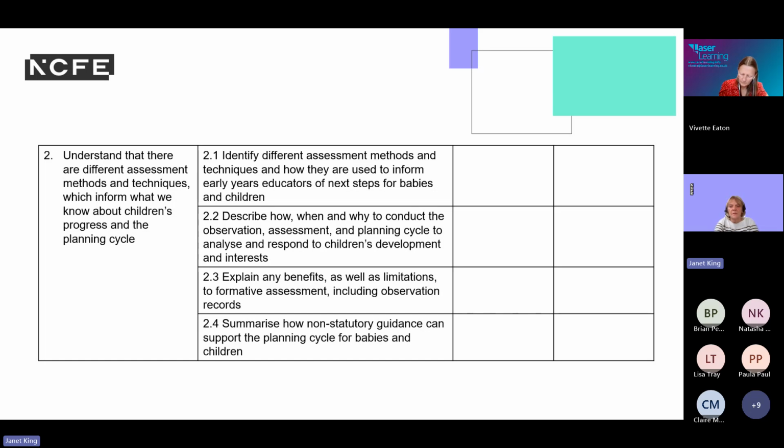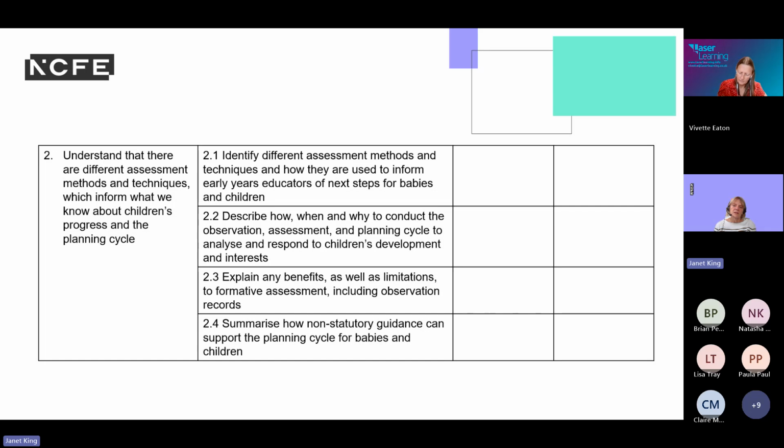We're thinking about how, when and why to conduct the observation, assessment and planning cycle. There may be specific times or individual children where we're asked to really focus in on a particular area of learning or development, and that might be because it's been a recognised area for intervention and you want to find out more. That is one reason why we might do that.